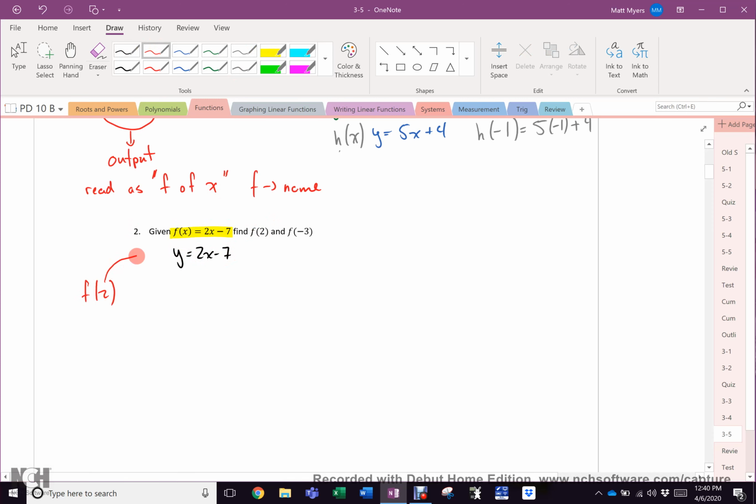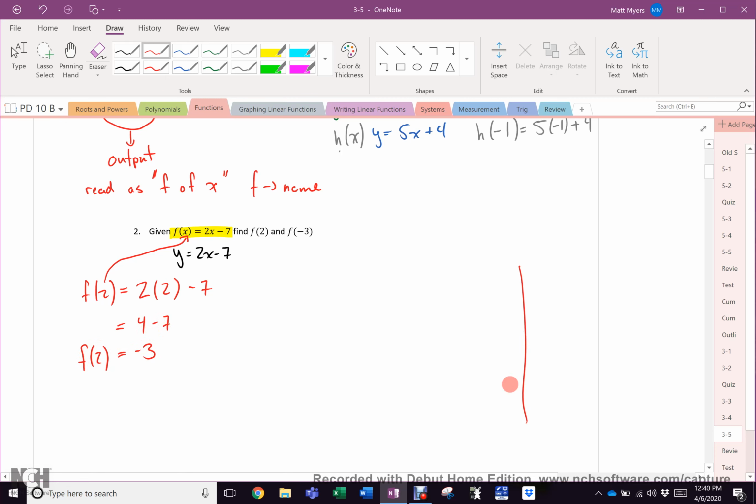Now you can see that in the function named f, the x value is now 2. So 2x is now 2, so I write 2 there, minus 7. 2 times 2 is 4, minus 7 is negative 3. So the f of 2 equals negative 3.